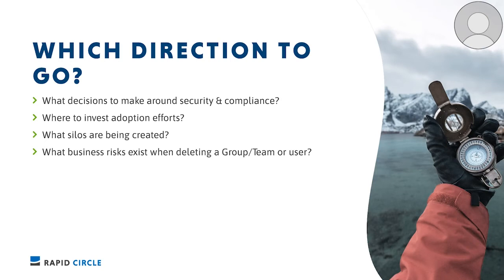The other thing is, from a governance perspective, we want to know what's being used in the platform, but we also want to know where we should focus activities and efforts around driving improved usage. So how do we know whether to lock certain apps down if we don't know how people are using them?